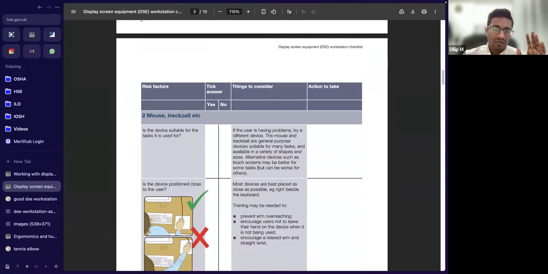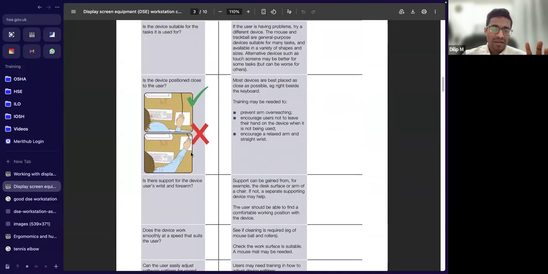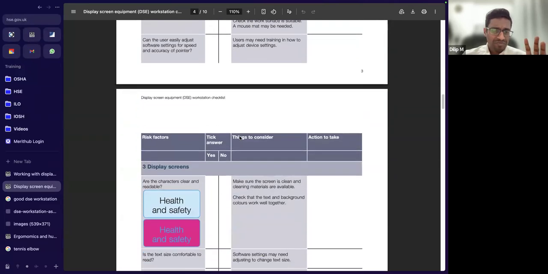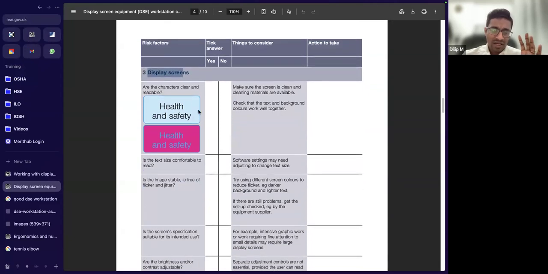Likewise for the mouse, what are the good requirements? And then for the display screens, the characters should be very clear and readable. The text size should be comfortable to read.